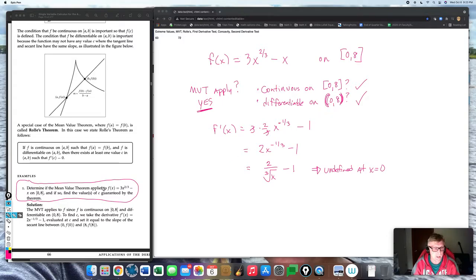Okay, now that we have said yes, what we're going to do is find the value of c guaranteed by the theorem. Okay, so let me spend some time erasing here. And, you know, Epic Pen on the Mac is not as good as it is on the PC, so I'm a little bit handicapped by the fact that I'm using a Mac right now.